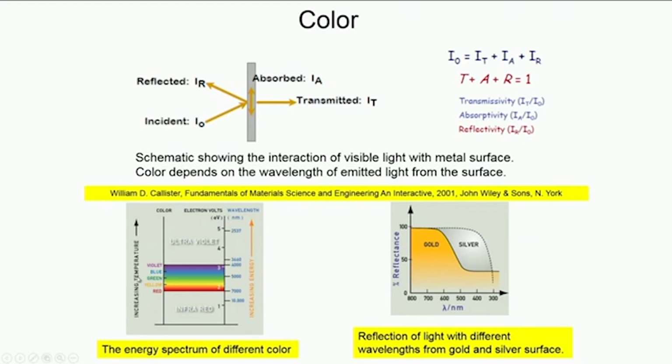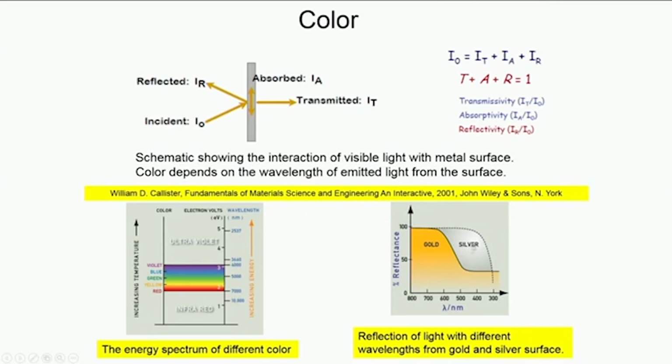You will find that gold is mostly yellowish in nature, having a wavelength in the range of 6000 to 6500 angstrom. On the other hand, silver and iron reflect most of the energies.